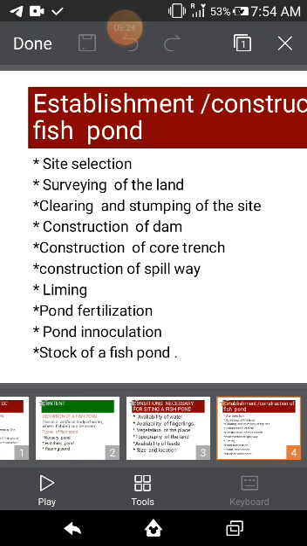7. Pond fertilization. In pond fertilization, fertilizer encourages the growth of microfloras.